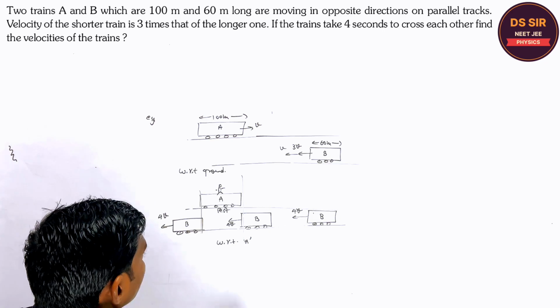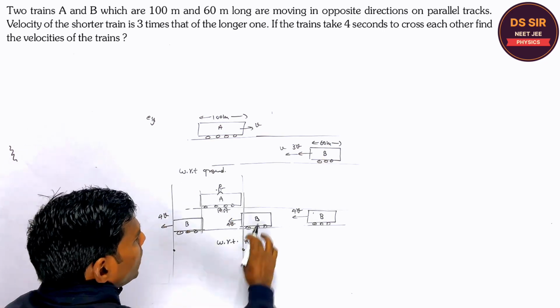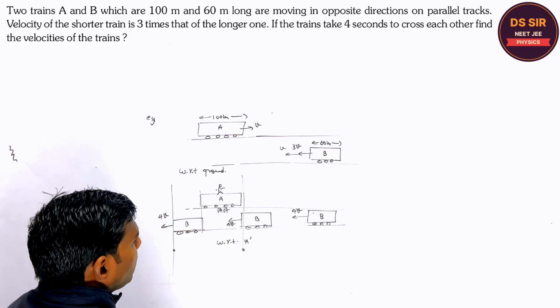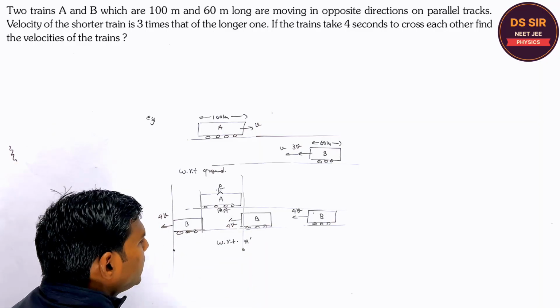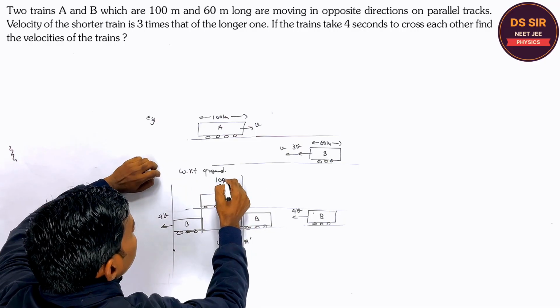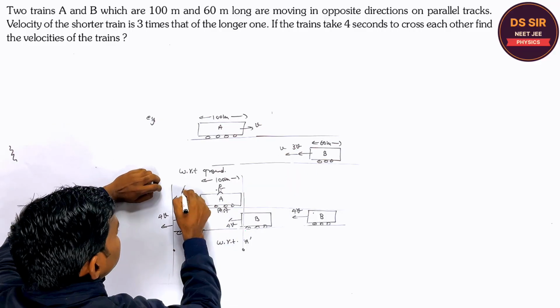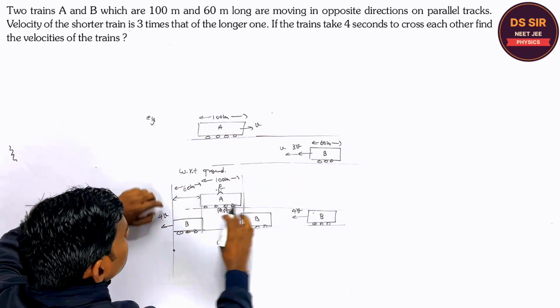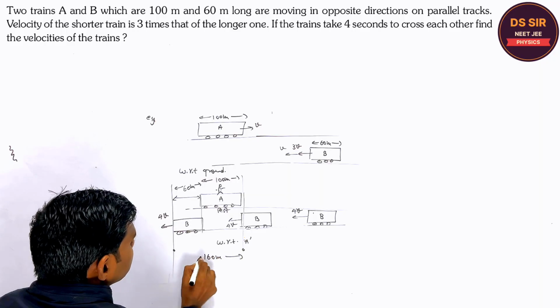So tell me, what is the time from this point to this point? According to the question, the total 4 seconds are taken. And what is the distance? Say 100 meter, the car A, and this is 60 meter. So what is the total distance covered by B? 160 meter.